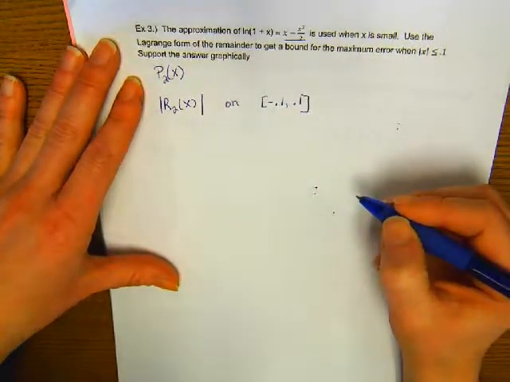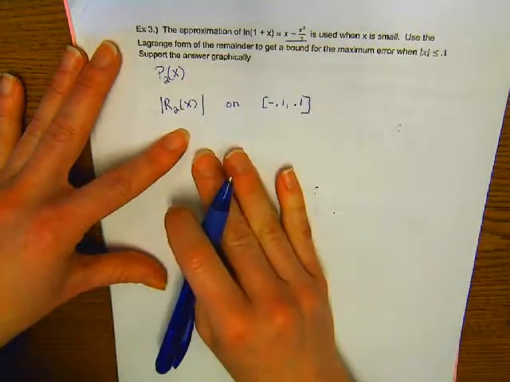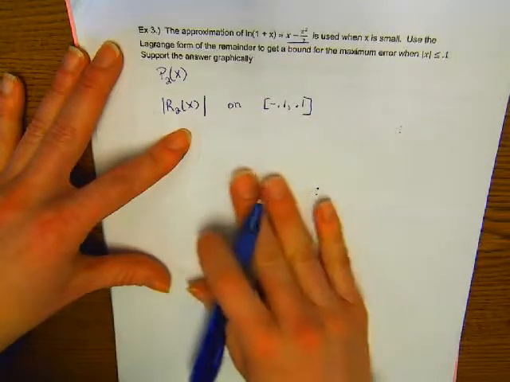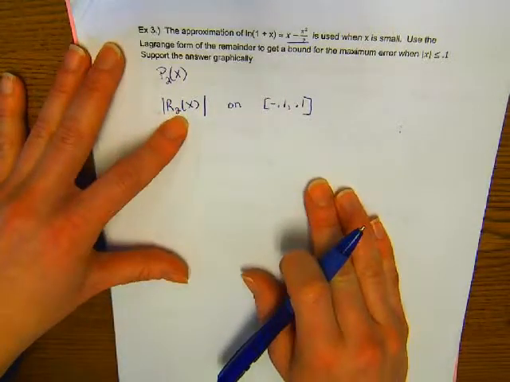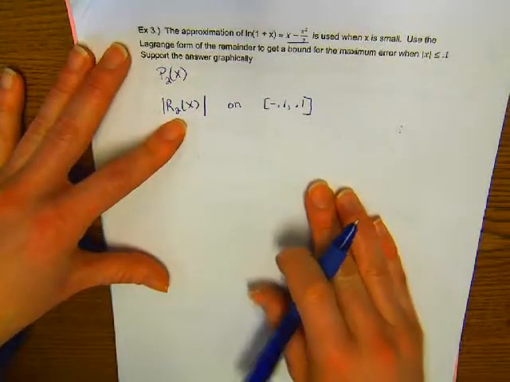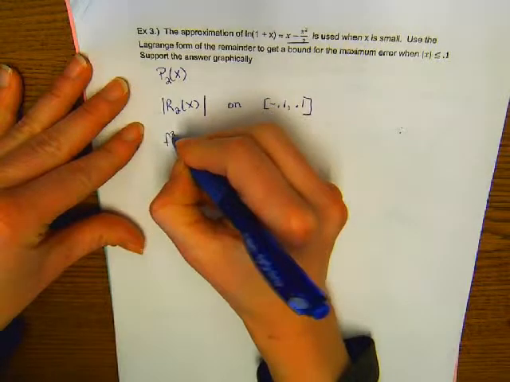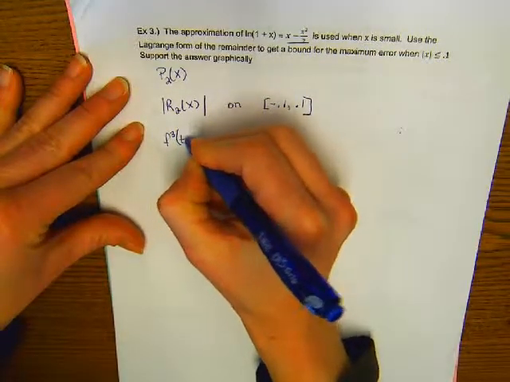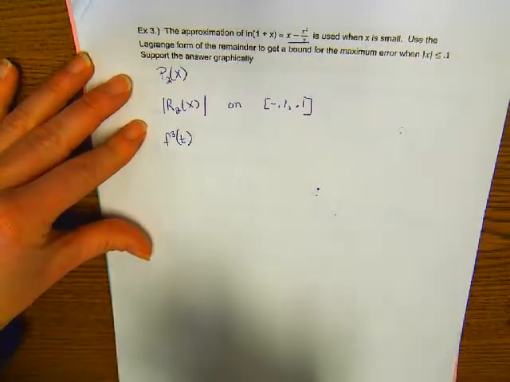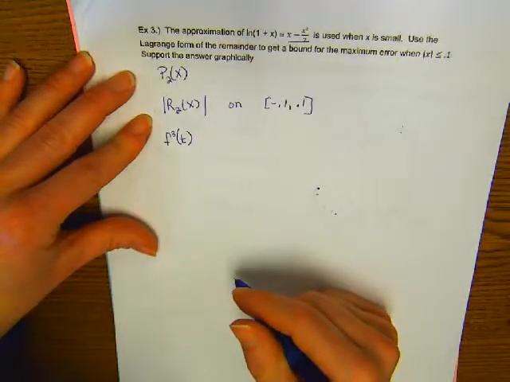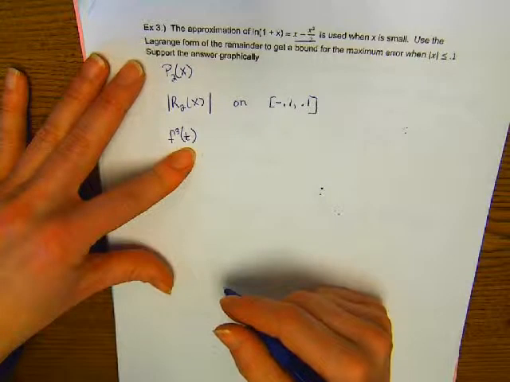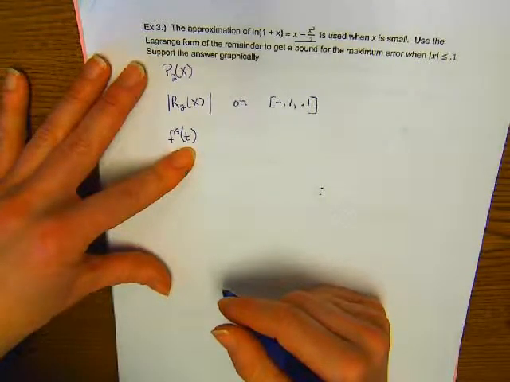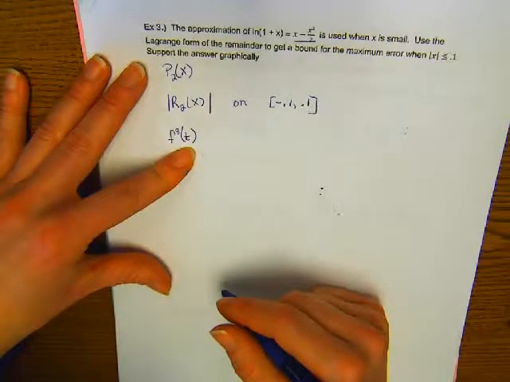So if we were looking at our next part of the remainder theorem, we would need to find the third derivative of ln x. So I'm going to call that f3 of c, or t. We can use c or t, really we're just picking a different value other than x because this is not general. This is a specific t value on that interval.